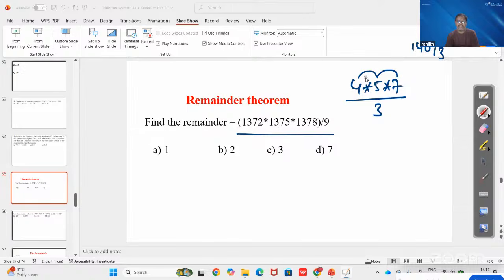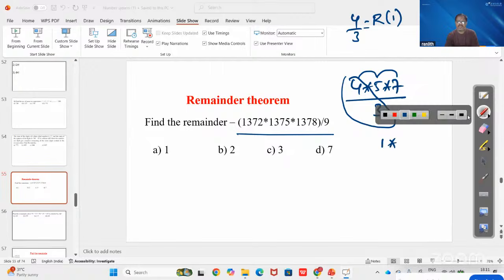So instead of doing 4 into 5 into 7, we'll go with an easier manner, using the individual remainders. When we divide 4 by 3, the remainder will be equal to 1. And the next value is 5.